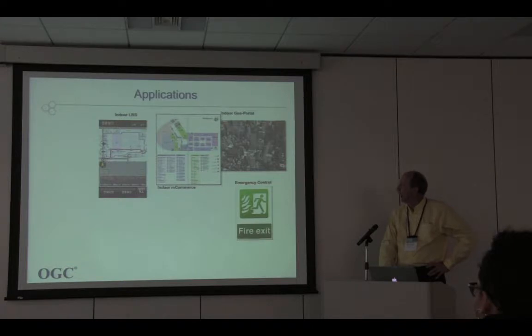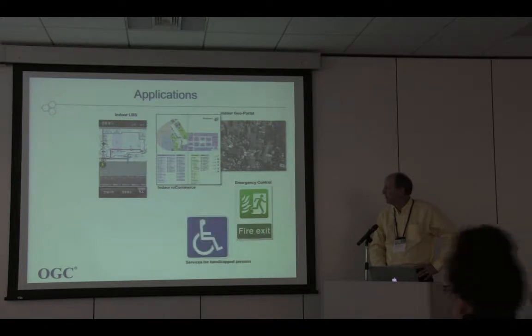We're able to make sure that we cover emergency situations. Emergency control is one motivation for indoor venue maps to become public data: emergency response, sending firefighters into the right place, for example.